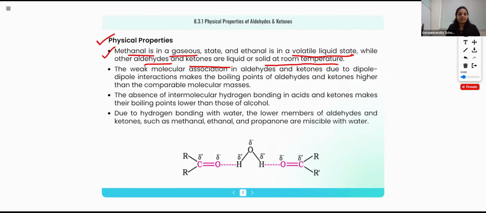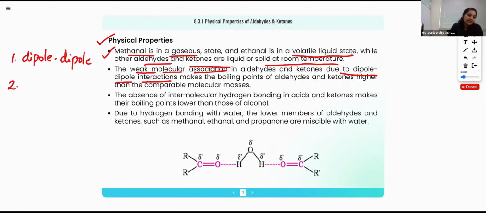Okay, the first point. Next one, weak molecular association in aldehydes. It is weak intermolecular interaction. What is intermolecular interaction? We know, right? The weak molecular association in aldehydes and ketones is due to dipole-dipole interaction. I told you, there are three types of intermolecular interaction between molecules. First one is dipole-dipole interaction.